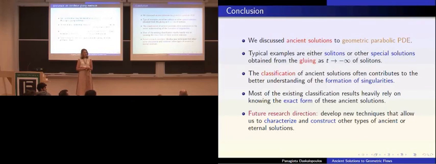I have a question. Unless I missed something, all these ancient solutions you showed us are self-similar, or put together by gluing self-similar pieces. Is it reasonable to expect that one can show any ancient solution has to be obtained by gluing together some finite number of self-similar pieces?